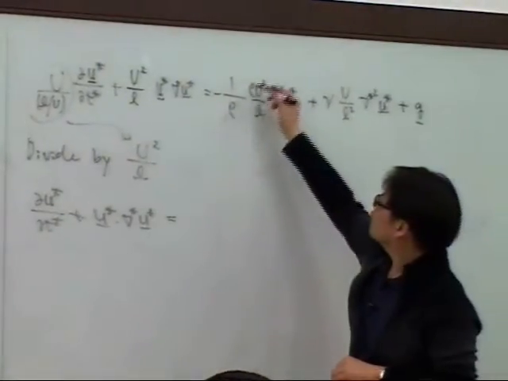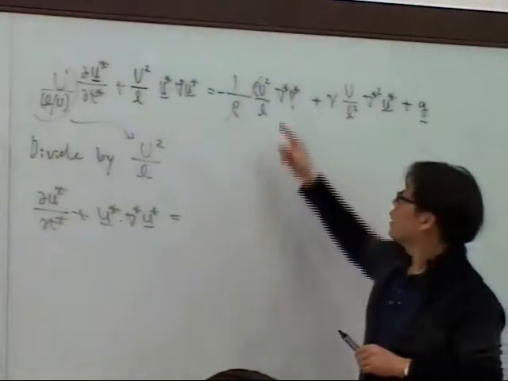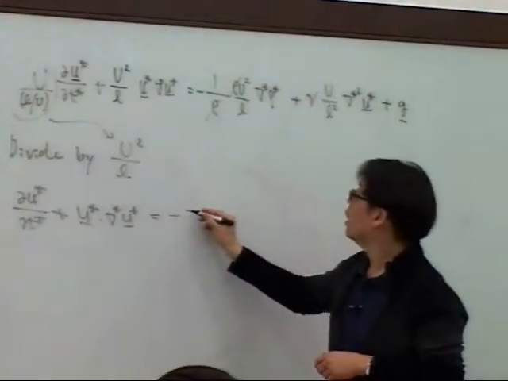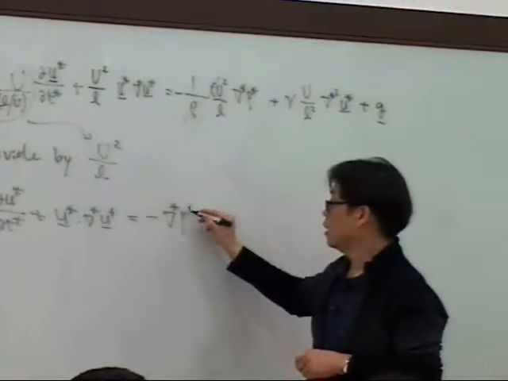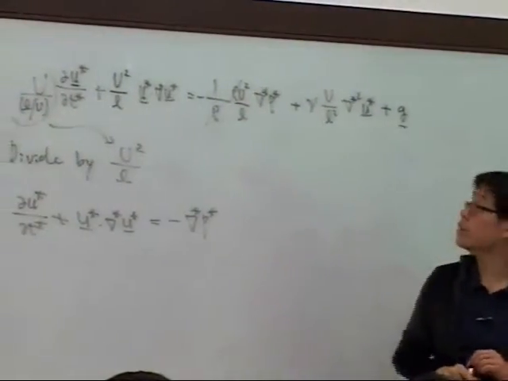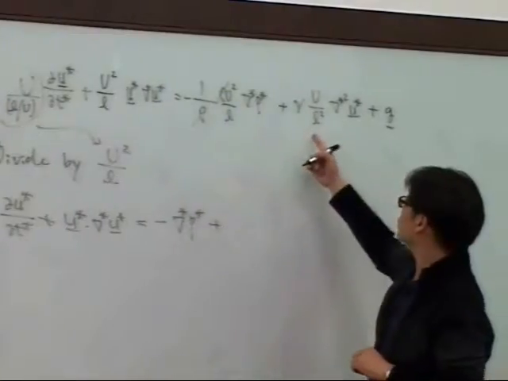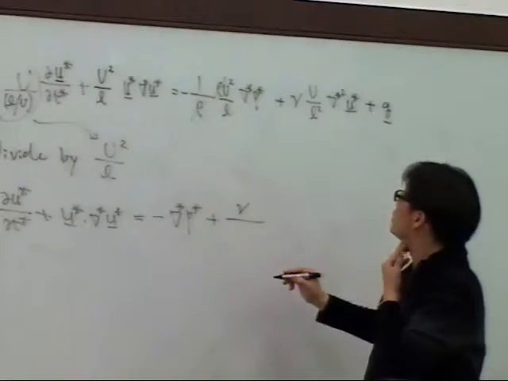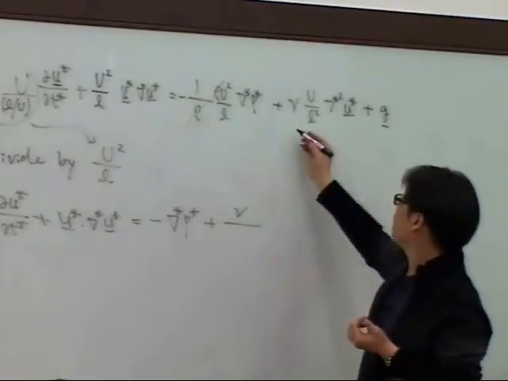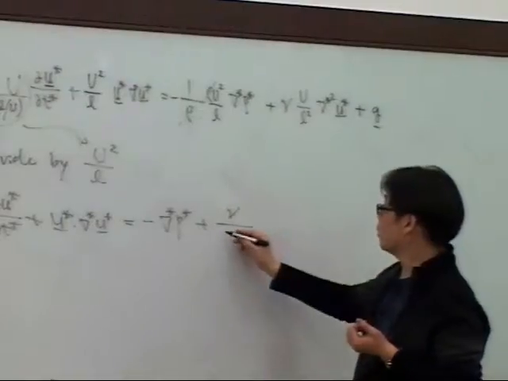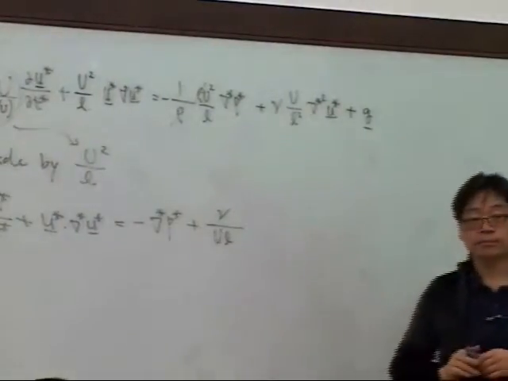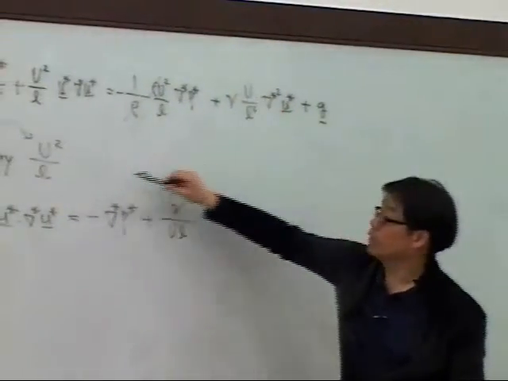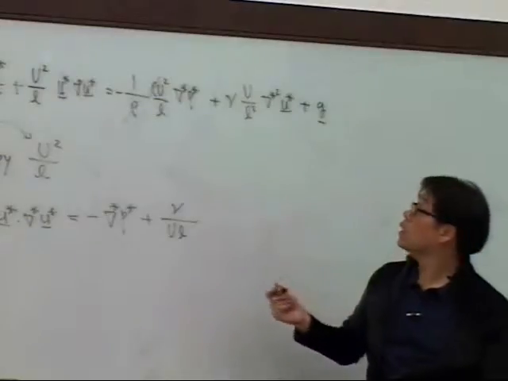And then rho cancels out. And I divide by U squared over L, so this guy goes away. Okay? And then this term, what I end up with is nu; I divide by U squared divided by L, so I end up with the UL. Okay? So I divide this by this, then I end up with this.